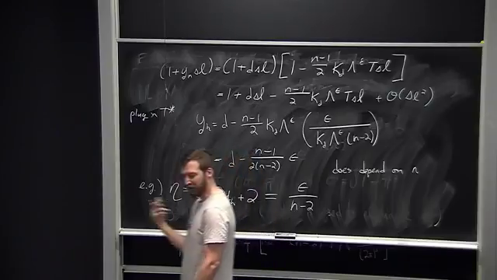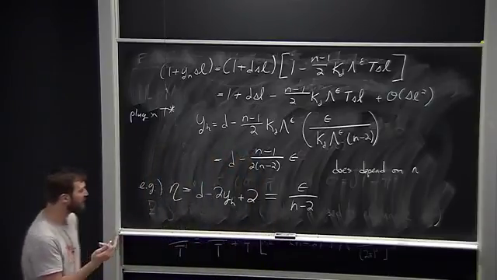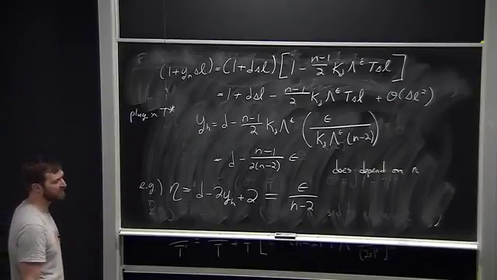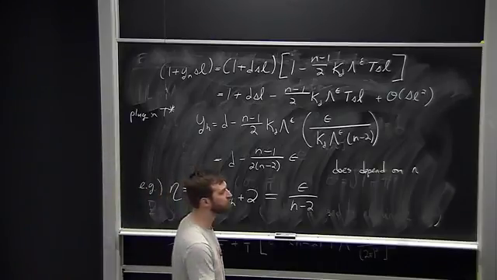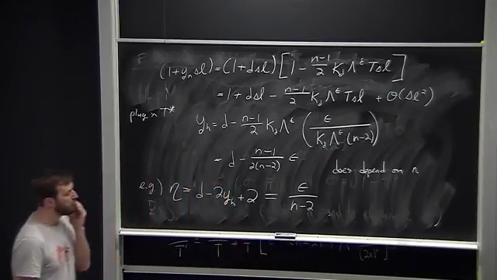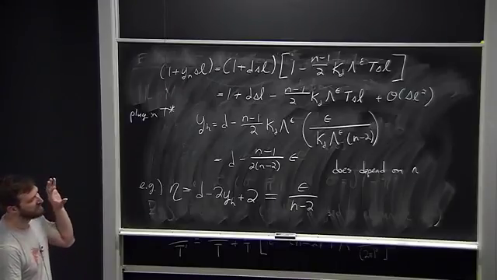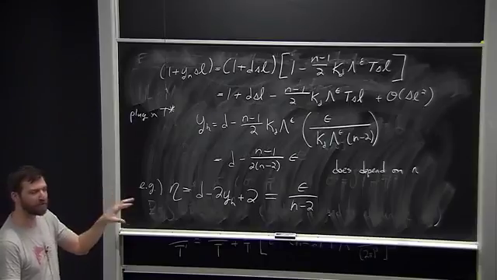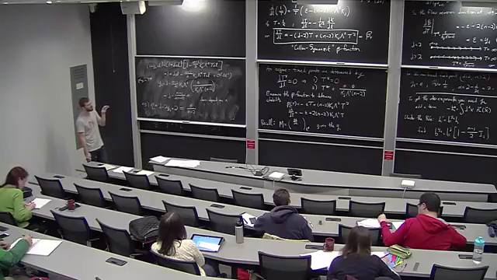So eta, the anomalous dimension, occurs linear in epsilon. So that's interesting in principle. So this is all I want to say about the non-trivial fixed point in the nonlinear sigma model.